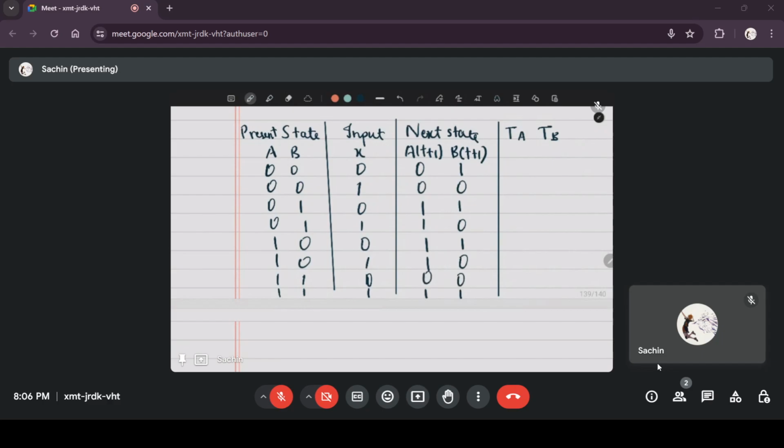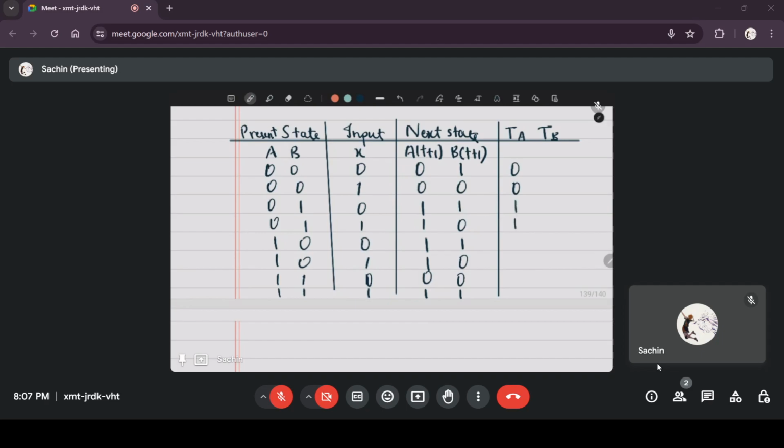For TA, if TA is 0, the previous state is maintained. If TA is 1, it is toggled. So if you want to go from 0 to 0, we need to give TA is equal to 0. If you want A to go from 0 to 1, you have to toggle it, so TA should be 1.